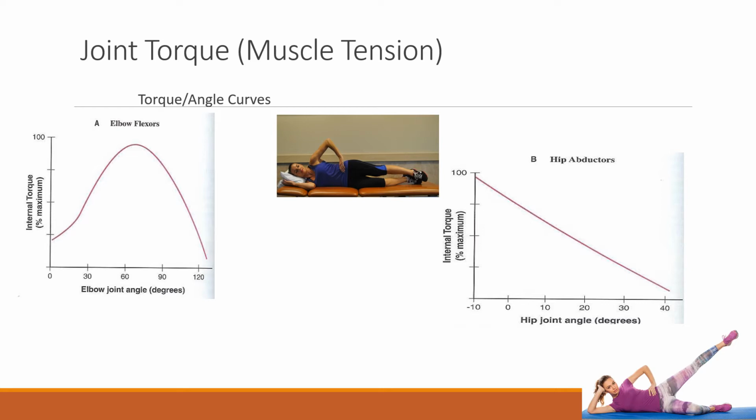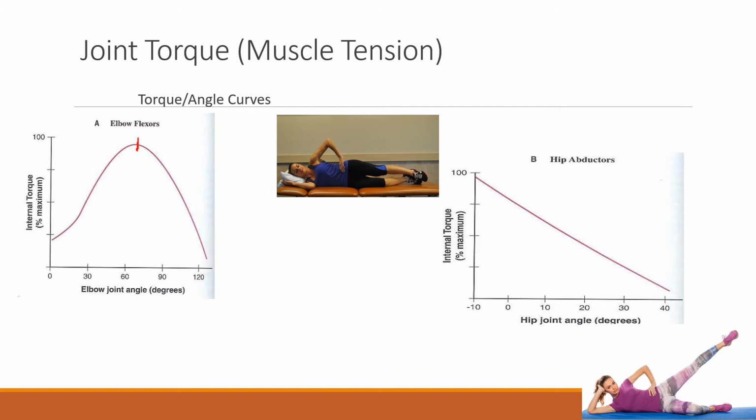And that is unsurprising. There are a few factors at play, but consider the biceps and elbow flexor length tension curve. We see the peak of the curve here, where we also have about mid-range of the joint angle.